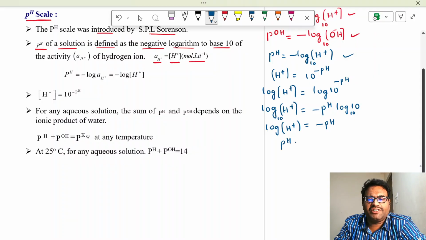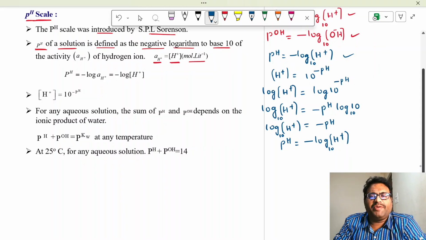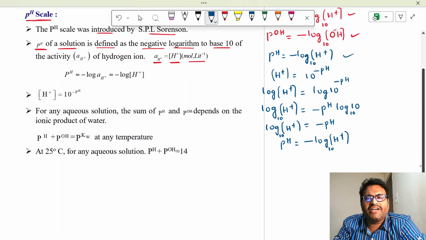Now I can write pH is equal to minus log H plus ion concentration, base 10. It is not always necessary to represent this base 10. So if pH is equal to minus log H plus ion concentration, then H plus will be equal to 10 power minus pH.